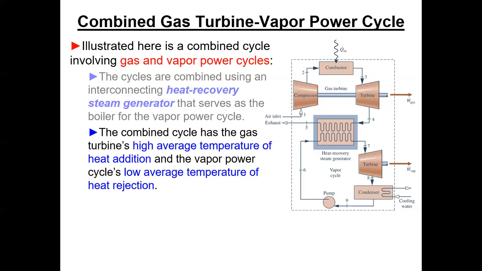Okay, speaking of our temperatures of heat addition and rejection, the Brayton cycle has a really high average temperature during the heat addition. That's characteristic of gas turbines. And in the Rankine cycle, because we come out of this lower turbine at such a low pressure, around 100, 110 degrees Fahrenheit, we have a very low average temperature of heat rejection.